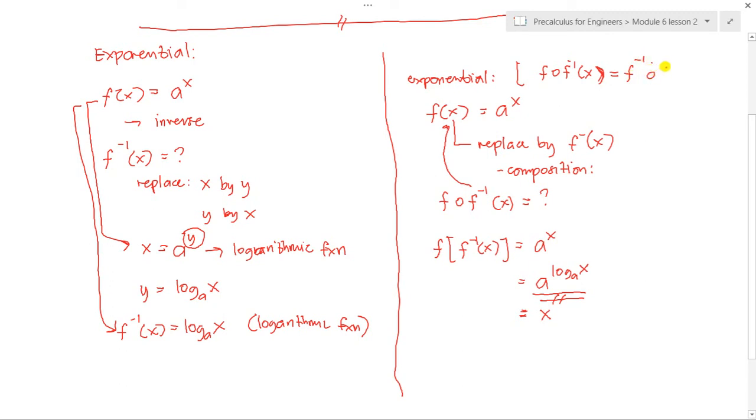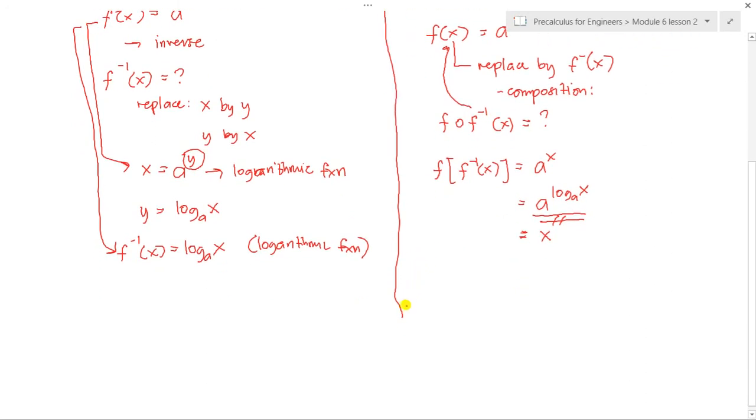We have not yet done f negative 1 composed with f. That is the logarithmic side. In the logarithmic function side, we are given f of negative 1, since it is the inverse, which is equal to log of x to the base a.